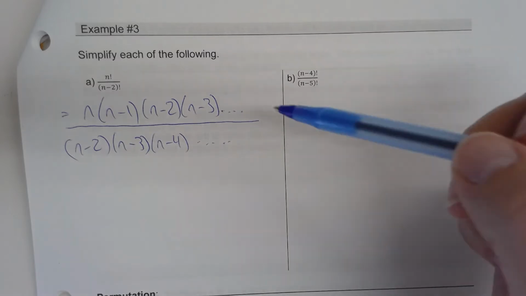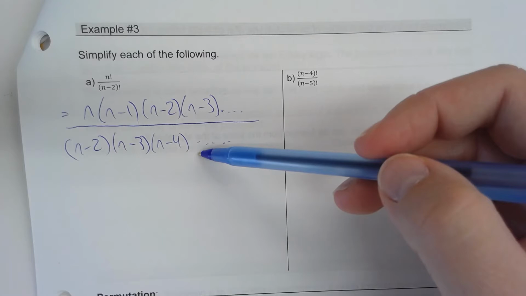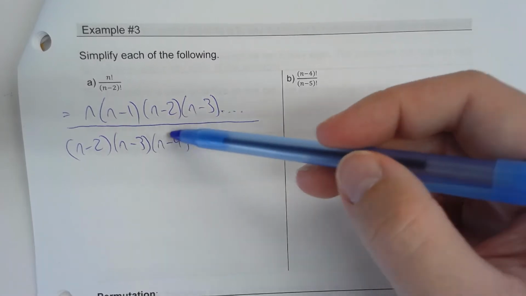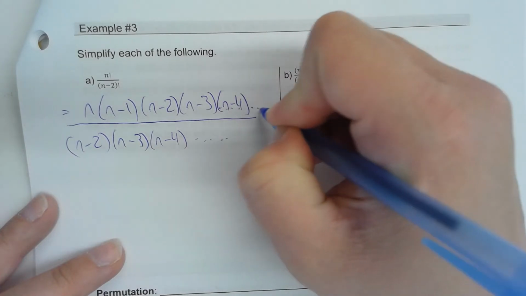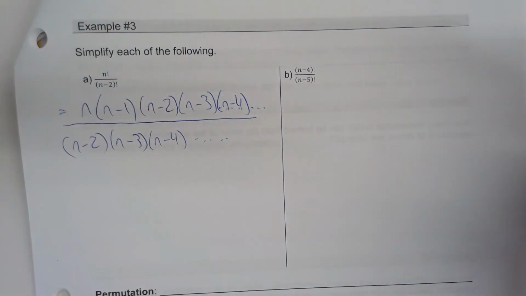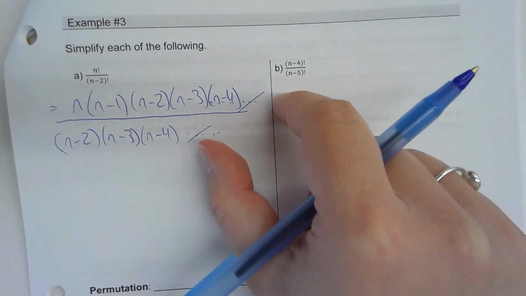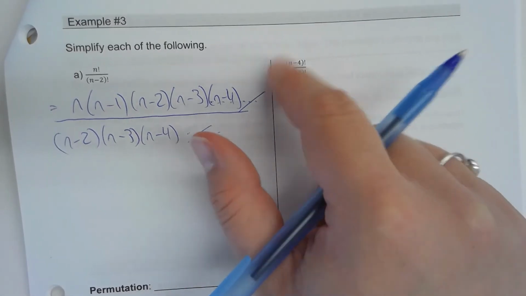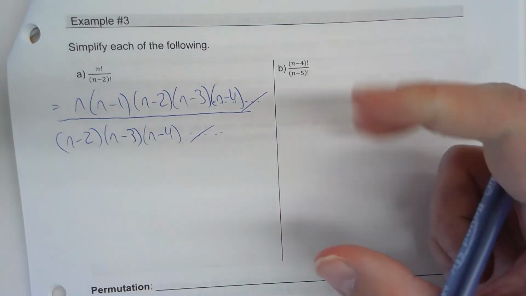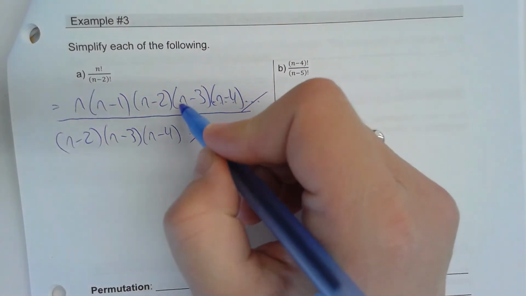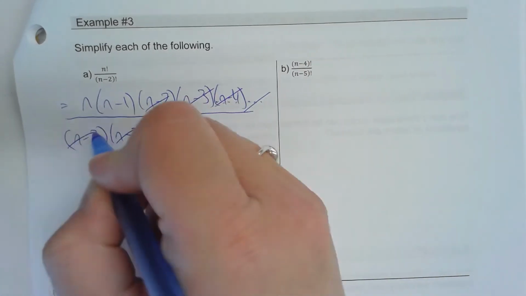Now, what I can see here is that some of these terms are the same on the top and bottom. I wrote down an n minus 4 as my last term here, and I know that there's going to be an n minus 4 here as well. Maybe I'll just add that in there. So I can see that all the rest of these things, whatever comes next, would be on both the top and bottom, which means we could divide to equal 1, and then they would cancel out. n minus 4 divides to equal 1, n minus 3, n minus 2.